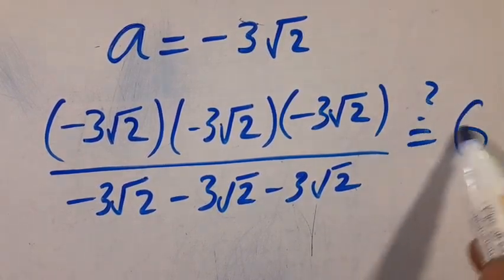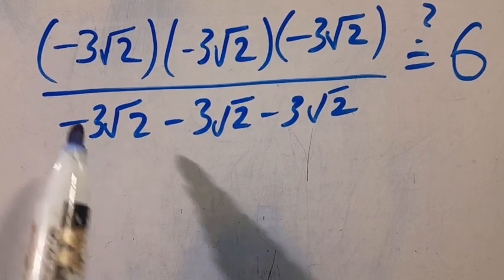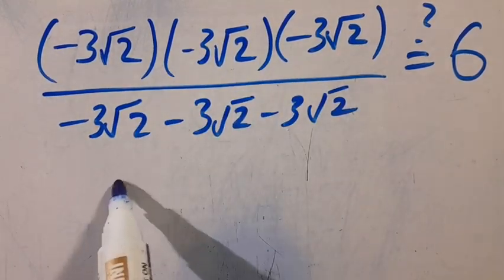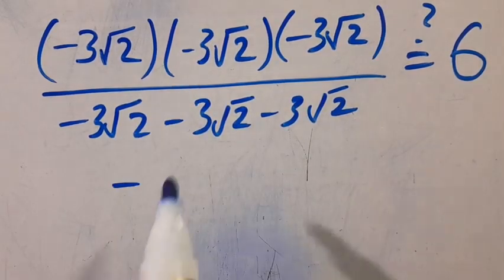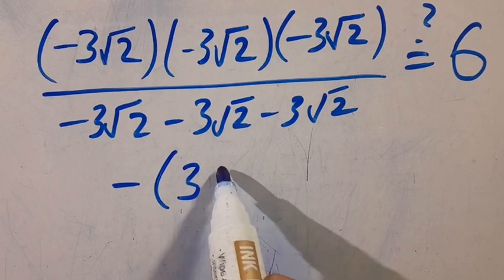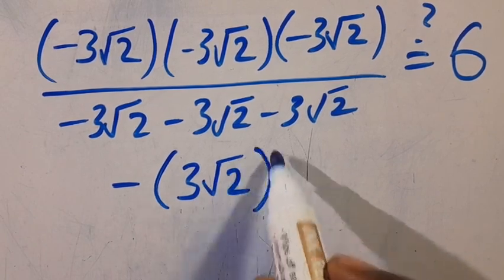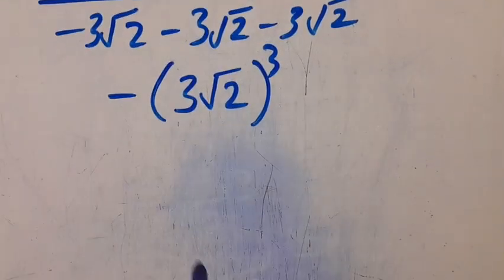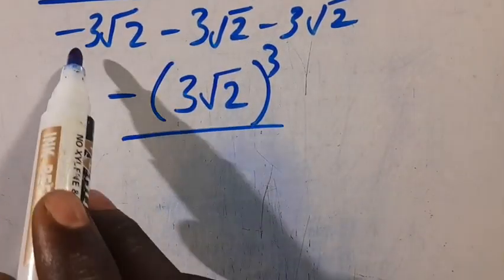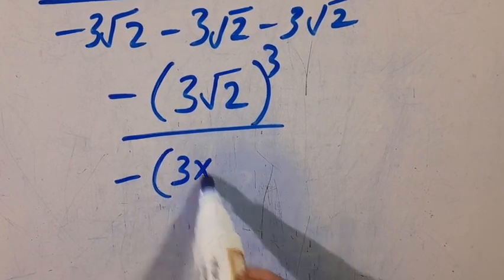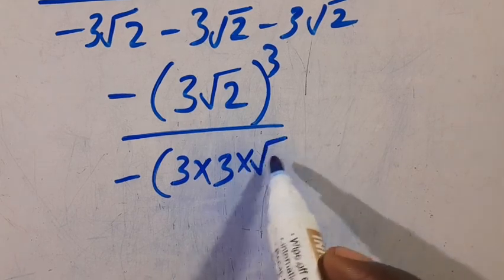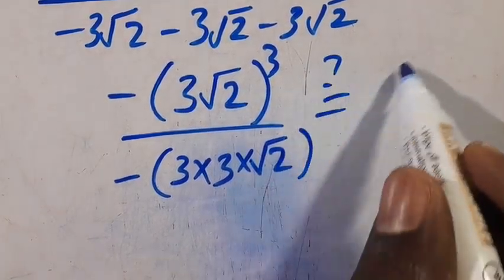Then it's going to give us 6. So minus times minus is plus times minus. We have here to be minus, minus outside. So we can have this as 3 root 2 to the power of 3. Then divide by this. Here will be minus outside. Here will be 3 multiplied by 3 multiplied by root 2. Then it's going to give us 6.